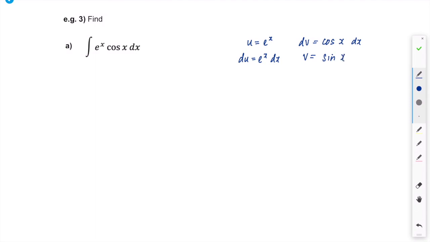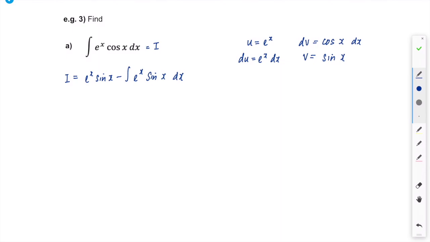Okay, so then I'm going to use uv minus the integral of v du. I will first let this be I, just in case this becomes a cyclic integration by parts. Okay, uv, e to the x sine x, minus the integral of e to the x sine x dx.